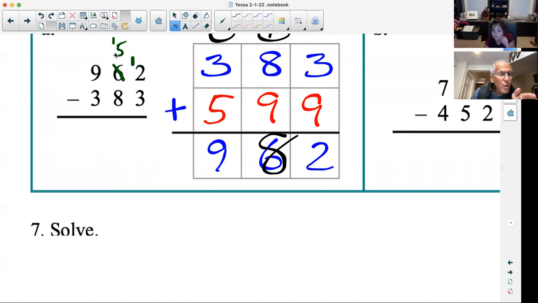We borrowed from the 9 to make it a 15. So the 9 becomes an 8. So Tessa, you don't look at 9 and 3 until you first do your borrowing. Now you look at 8 and 3 and you say, we're good.